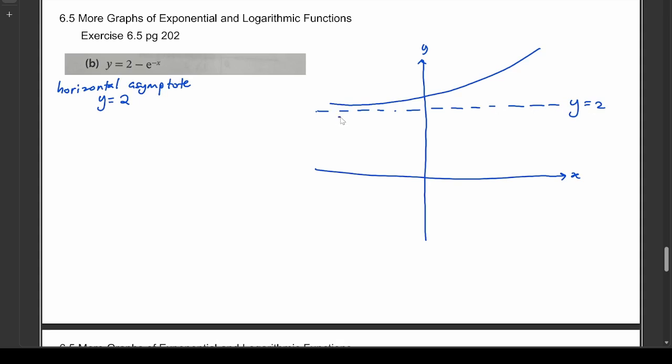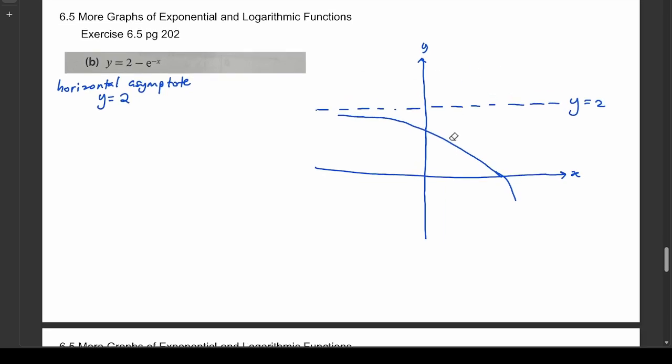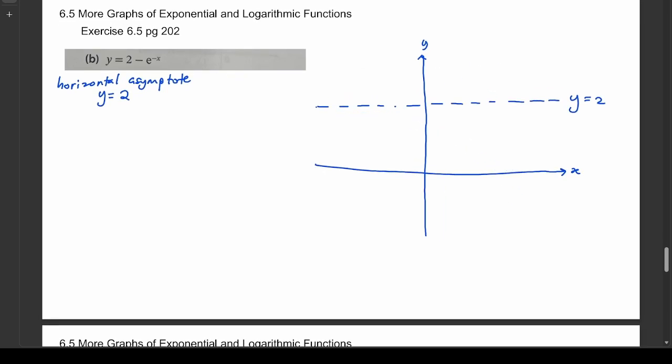So when you flip, it's going to be like this, right? And then your x is also negative, so you flip on the y, so it's going to be the other way around. Okay, so I'm going to rub this one off. Basically it skims here, and then you cross here and here.